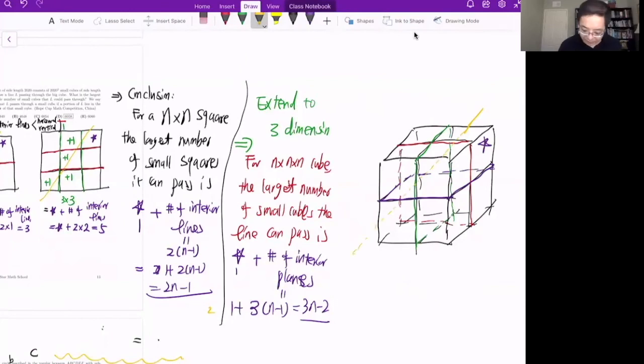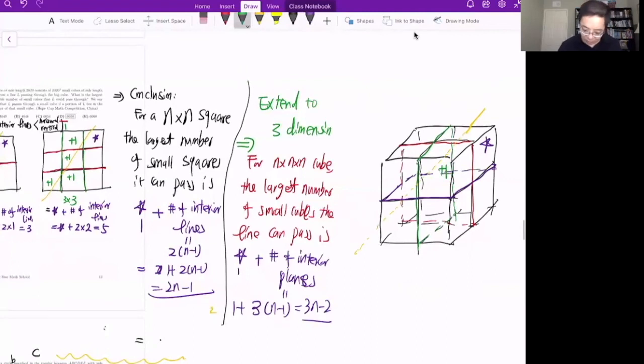Now you see, each time it passes through an interior plane, it's going to add one more. So here we add one more cube, then one more cube here, and then one more cube here. So the number of cubes is the starting one plus 3 times 1, so for this case it will be just 1 plus 3, which is 4.